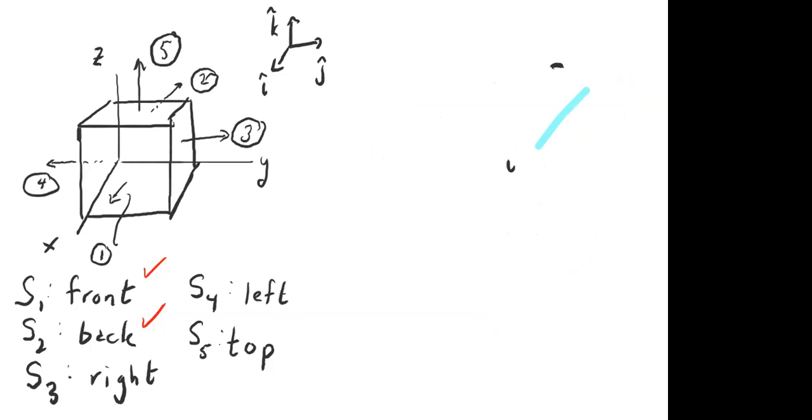And now I need to evaluate the surface integral of v over side S sub 3, or the flux of v through S sub 3. So I'll need a couple of things. I certainly will need to know v.